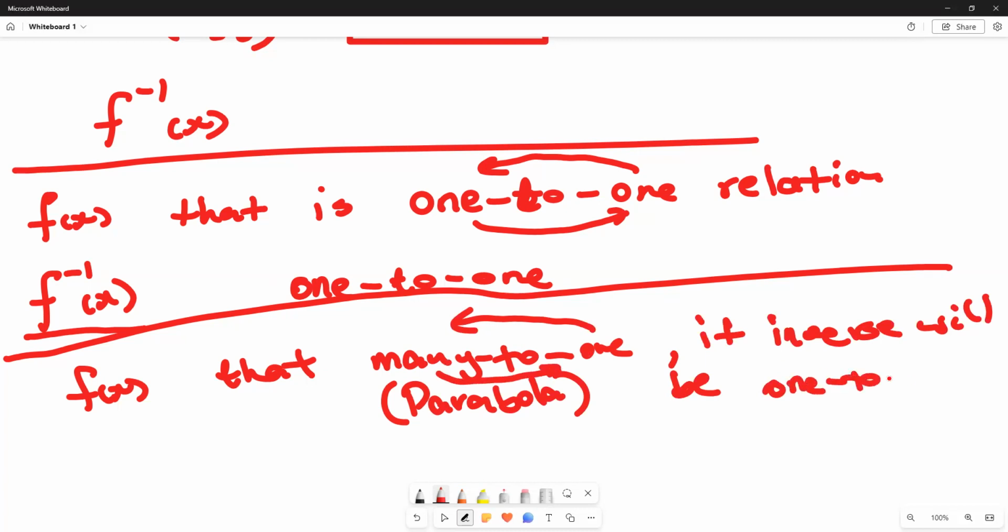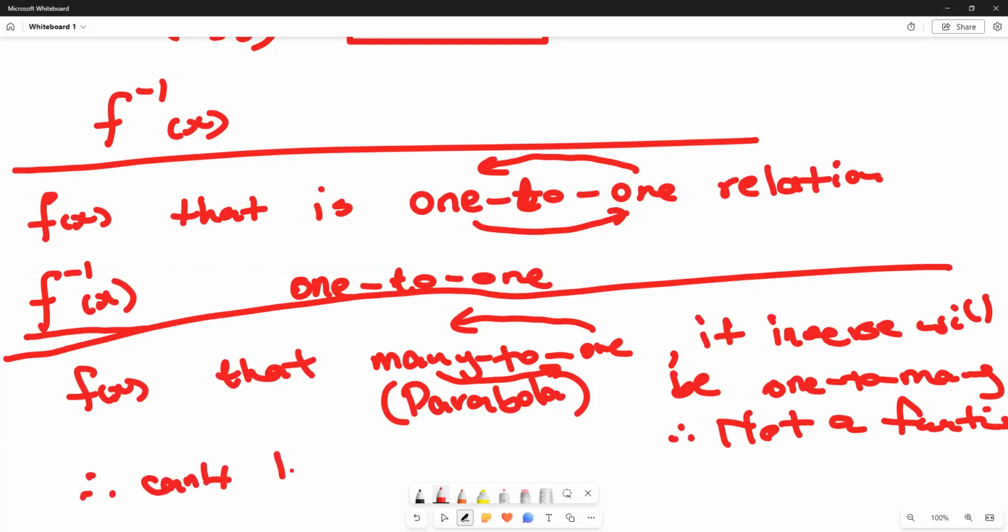It will be 1 to many. And we said in our previous video that anything that is to many is not a function. Therefore, the inverse of anything many to 1 is always going to be not a function.